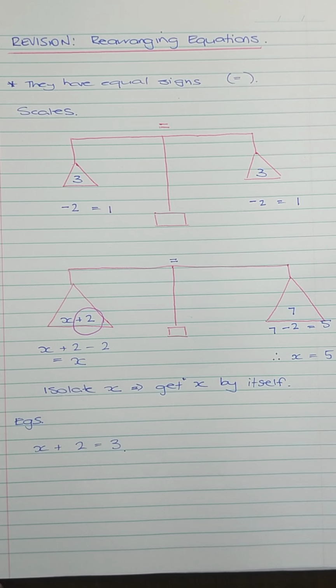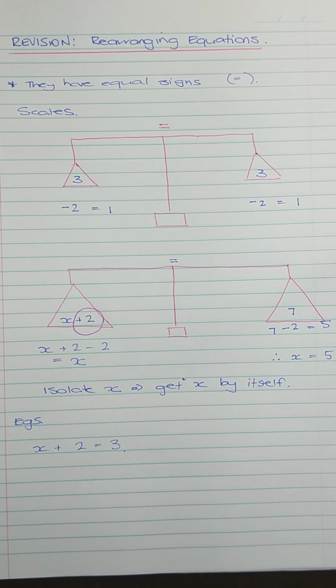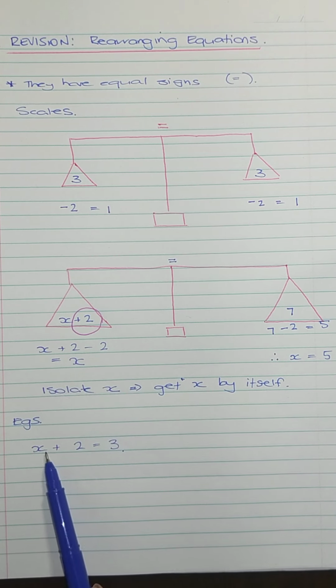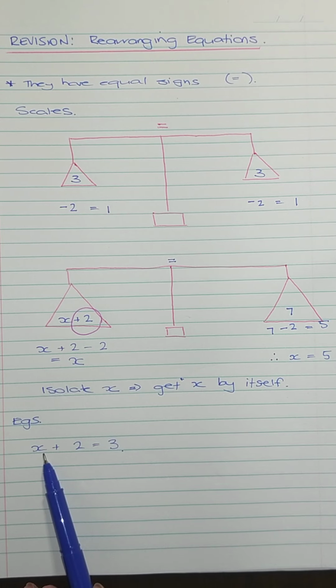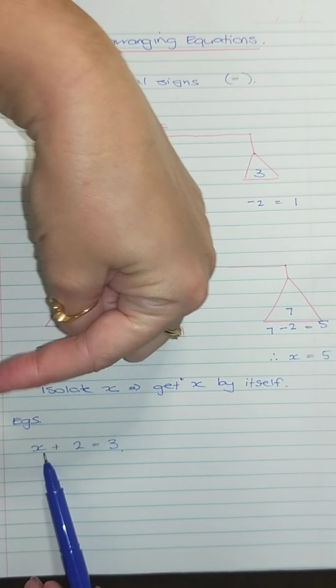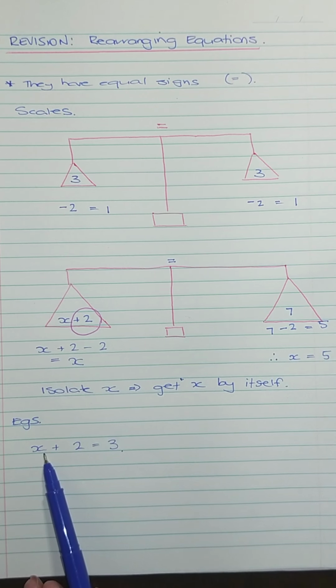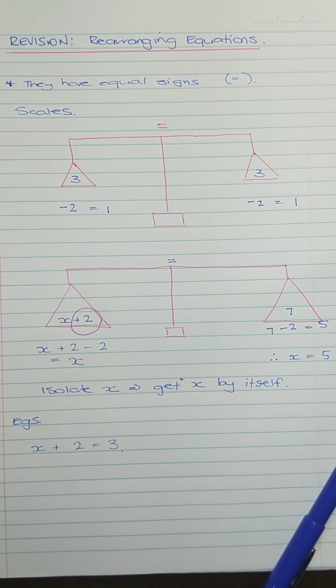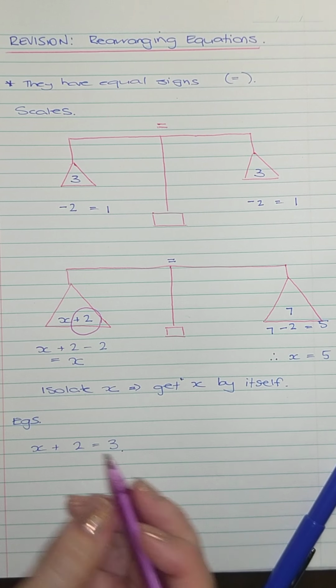But what I want you to do is use the maths strategy that I'm teaching you to solve it. So what's the name of the game? Well, the name of the game is to isolate x. And in other words, let's get x on the left-hand side of the equation and all the numbers on the other side. So obviously to get x by itself, we have to get rid of this plus 2.